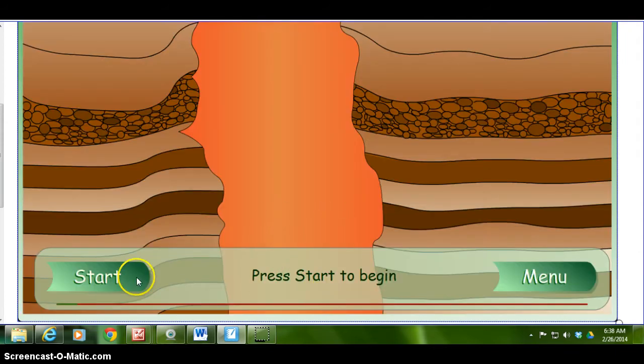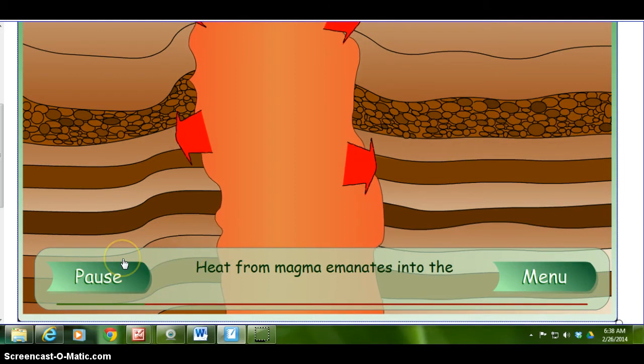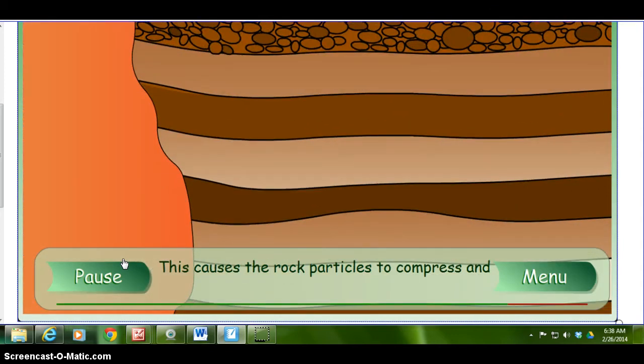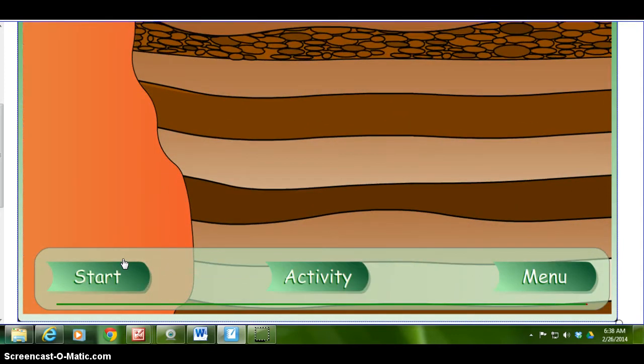Metamorphic rock, you can see all these layers that have built up over millions of years. And that heat from magma goes through the rock and it builds up layers, and it causes pressure on them, and it causes the rock particles to compress together.